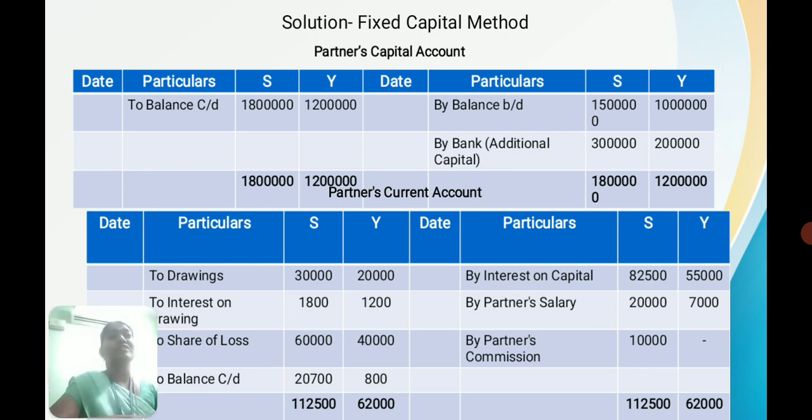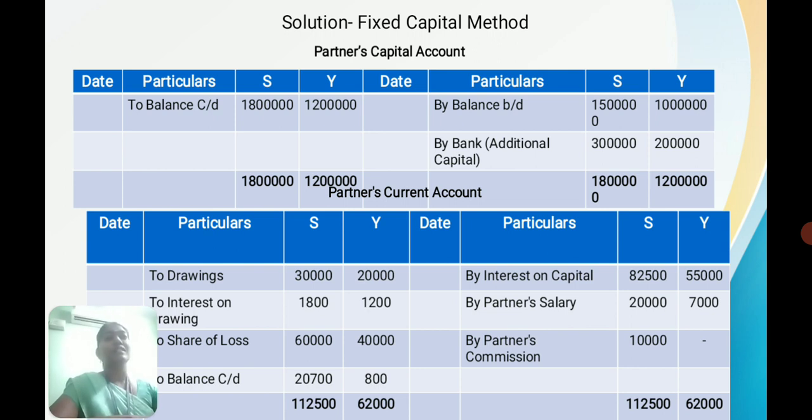The amount which we have given to the partners is entered on the credit side. Is that clear, girls? So as per the golden rule, we have entered all the entries. To drawings, rupees 30,000 for Samir and 20,000 for Yasmin. To interest on drawing, which is directly given, it is 1,800 for Samir and 1,200 for Yasmin.